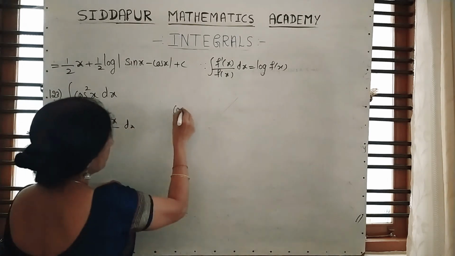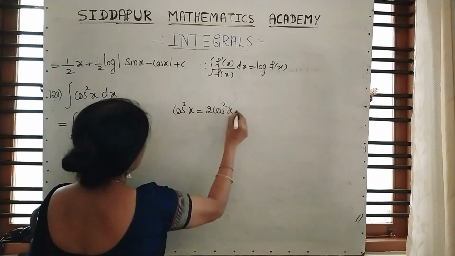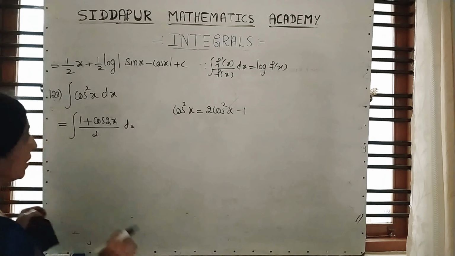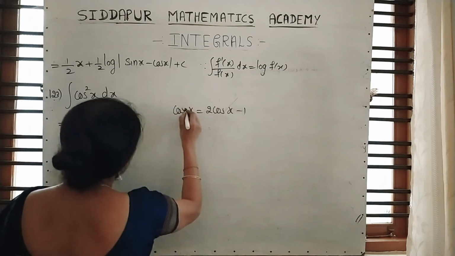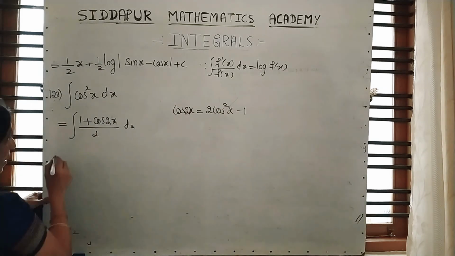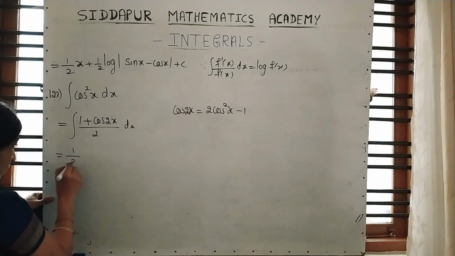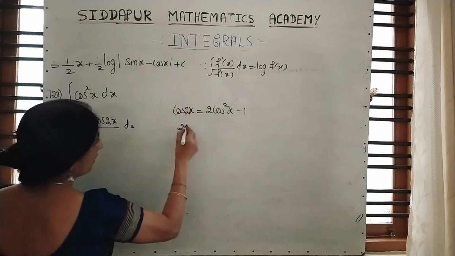See here. Cos 2x is 2 cos square x minus 1. Just rearrange this, you will get the answer. 1 by 2. What I will write here.